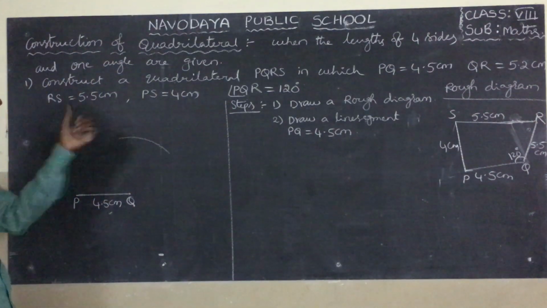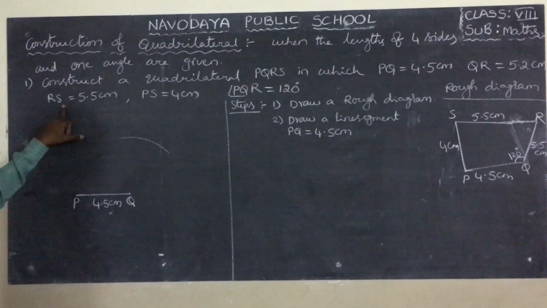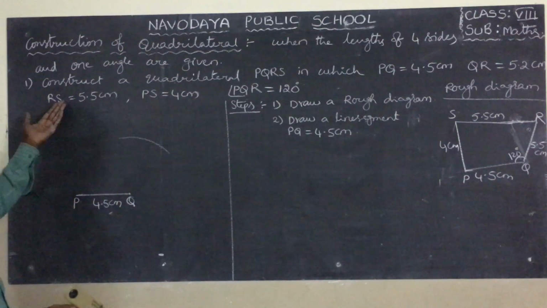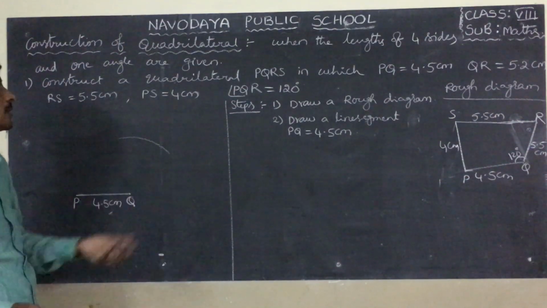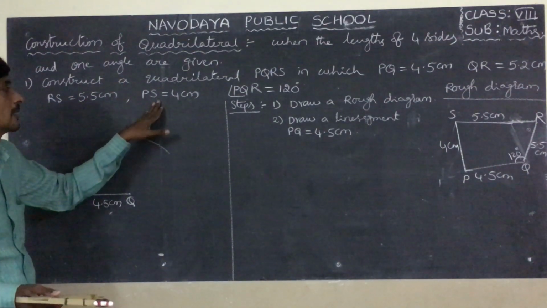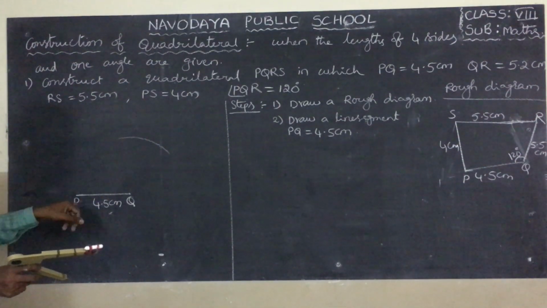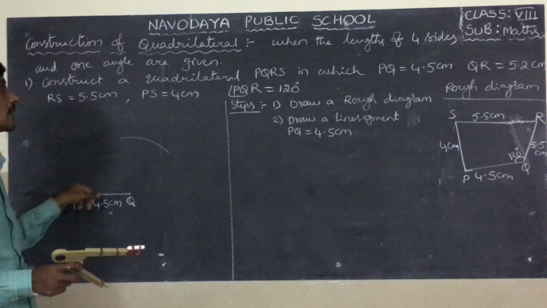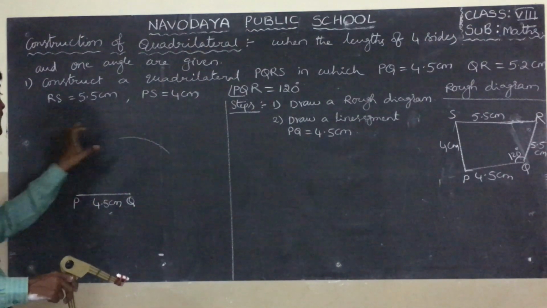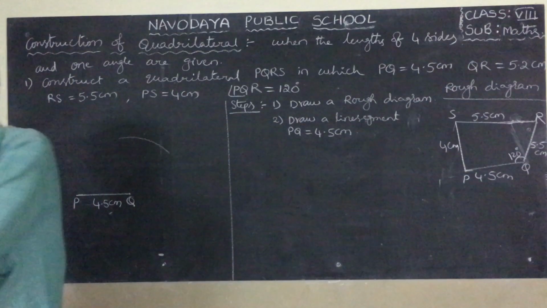And third one, RS. So, where is R? We don't know. Where is S? We don't know. Leave it. PS. S is not there, but P is there. So, with P as center, PS equals 4 centimeters. Draw another arc.